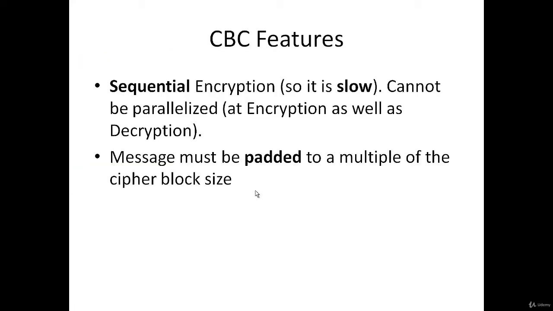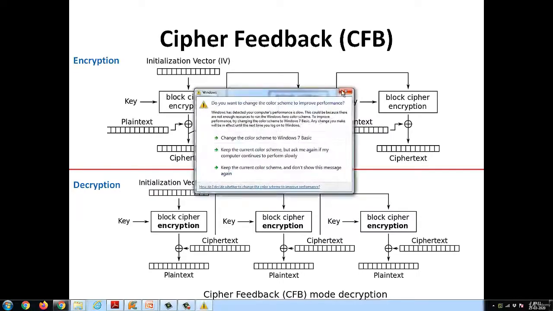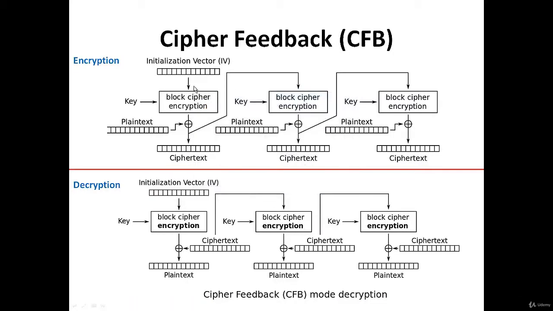Now there is another mode of operation which is somewhat better. Here we use an initialization vector, the key is generated, and the output which comes with the plain text is used for feedback. So the first ciphertext block is used as feedback for the next.